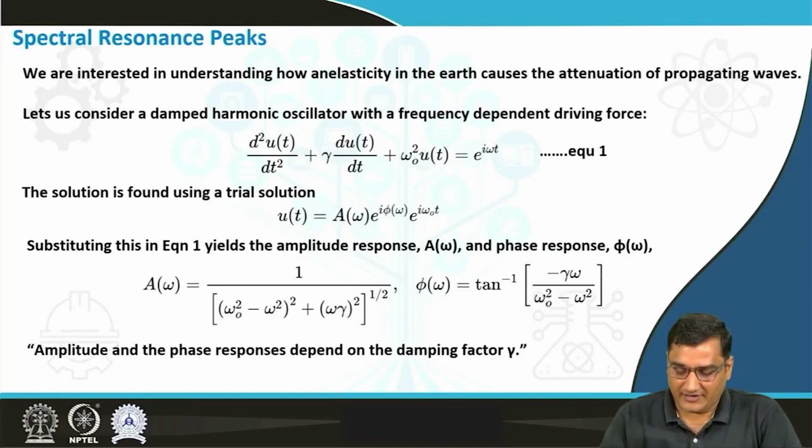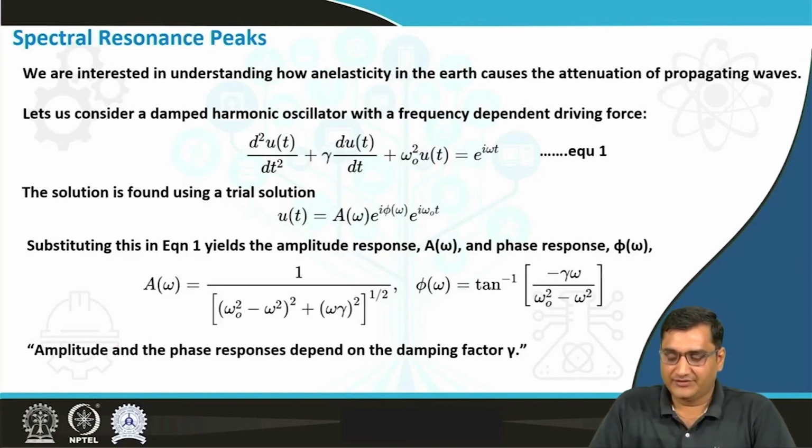And let's start with the lecture today. In the previous lecture, we saw the formulation for the damped harmonic oscillator. Today we are going to have an external driving force that will be frequency dependent on the harmonic oscillator. So it will be called a driven damped harmonic oscillator.